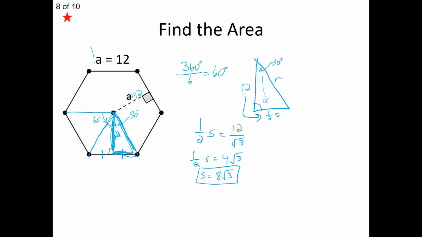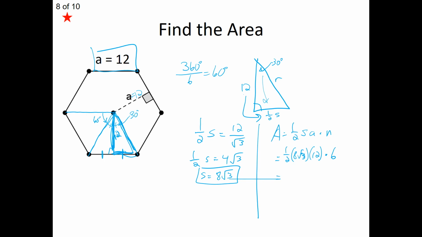With our apothem that was given, with the side length we just found, and with knowing the number of sides of this regular polygon, we can find the area of it. So the area of our regular polygon, I like to use this method, is 1/2 the side length times the apothem times the number of sides. So 1/2 of our side length, which is 8√3, times our apothem length, which is 12, times the number of sides our regular polygon has, which is 6.